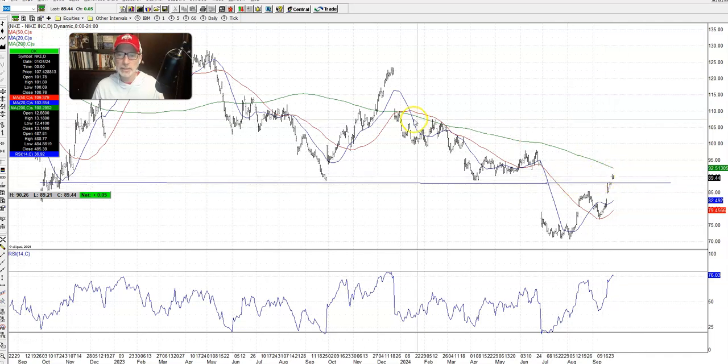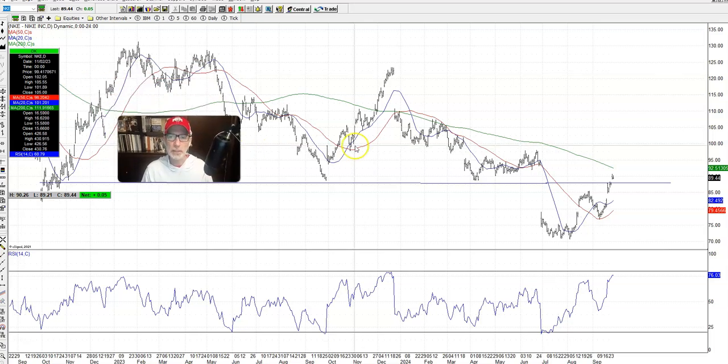So right here, the next thing it's going to have to do is contend with this down-sloping 200-day moving average. The slope of the moving averages is very important, okay? If you're bullish, you want to see all the moving averages sloping upwards. If they're sloping downwards, that means the stock's been in a downtrend for a decent amount of time, and it's going to take a lot more work for the bulls to gain control.